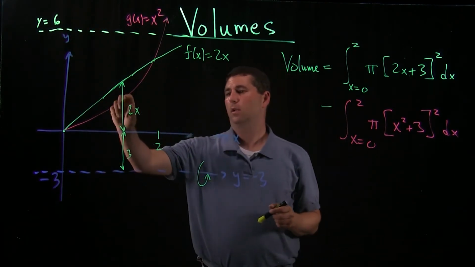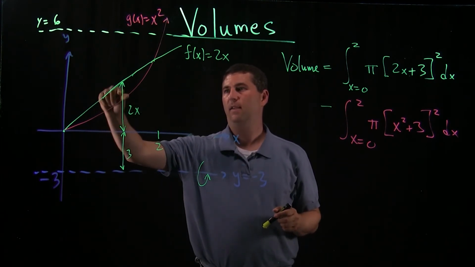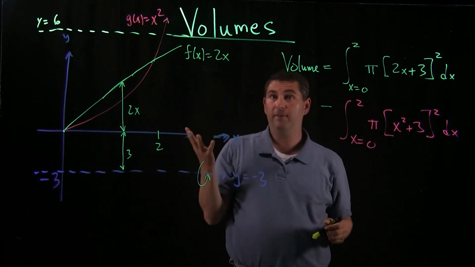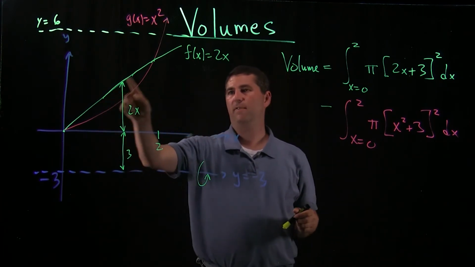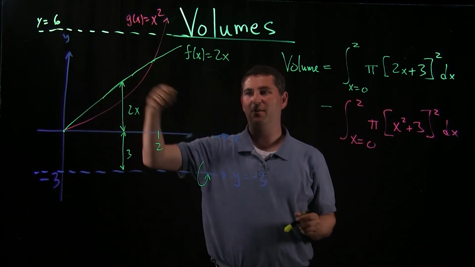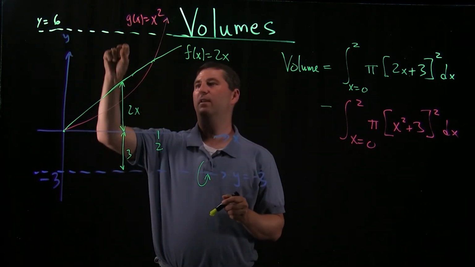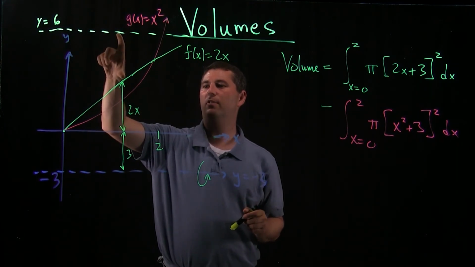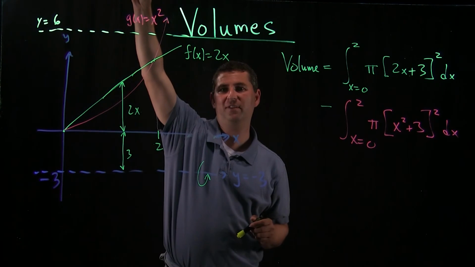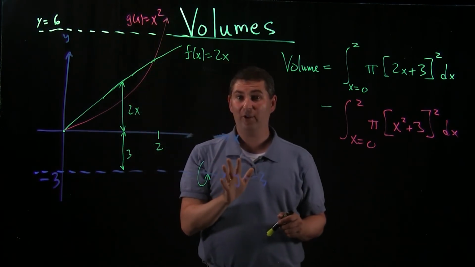All right, well, now when I'm rotating, the axis of rotation is up here. Notice something really funky happened. F of x is no longer going to give you the big cylinder, because when I rotate around this axis, that's actually a smaller distance than when I rotate g of x around this axis. So this is something you have to look out for.